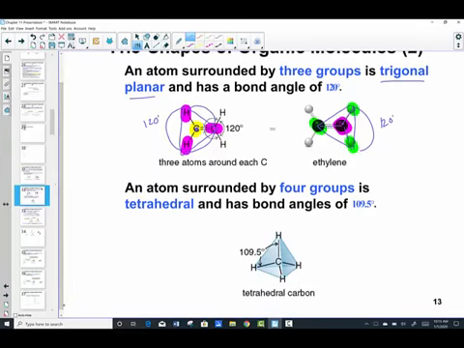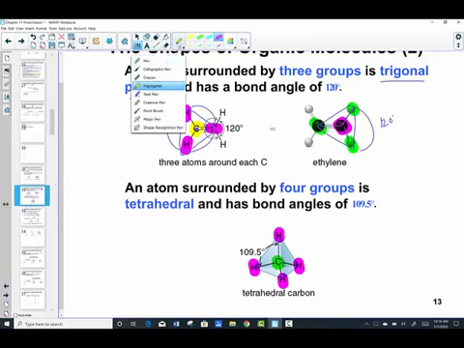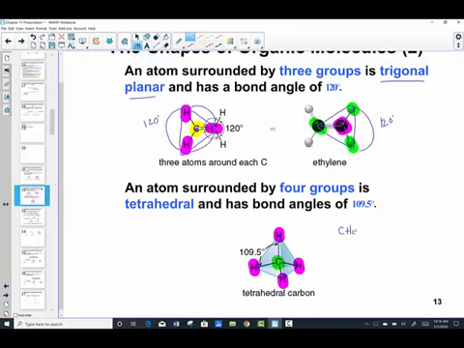An atom that is surrounded by four groups is known as tetrahedral, and it has a bond angle of 109.5. So when we refer to a central atom, such as this carbon, and we highlight the attachments, those four attachments being hydrogen in an example of methane, each one of those attachments, for the molecular compound CH4, has a bond angle of 109.5.